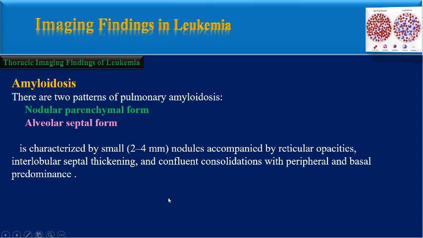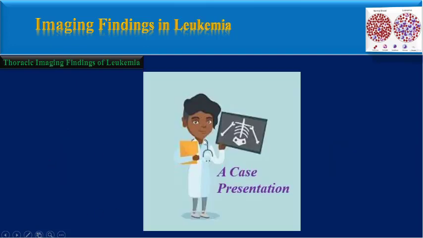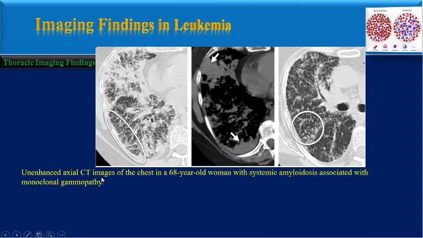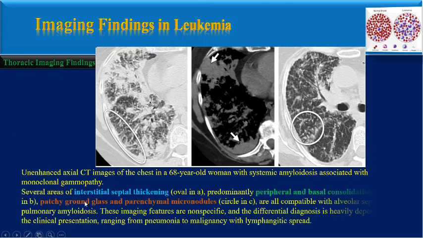Another case presentation: unenhanced axial CT image of the chest in a 68-year-old woman with systemic amyloidosis associated with monoclonal gammopathy. Several areas of interstitial septal thickening, predominantly peripheral and basal consolidation, patchy ground glass and parenchymal micronodules are all compatible with alveolar septal pulmonary amyloidosis.